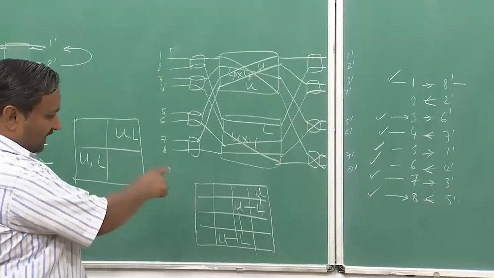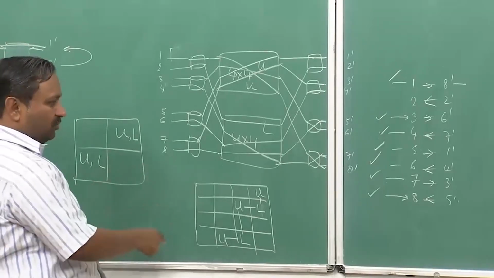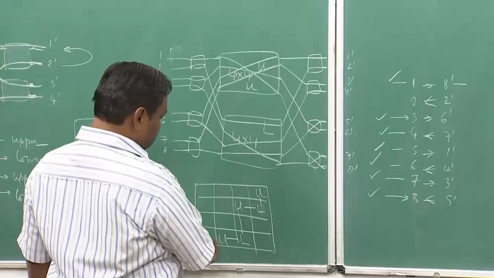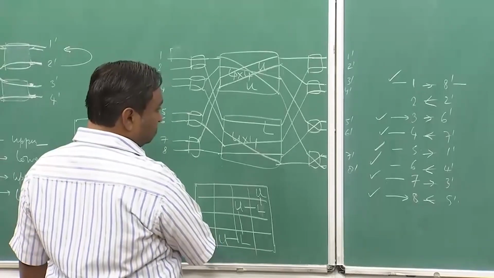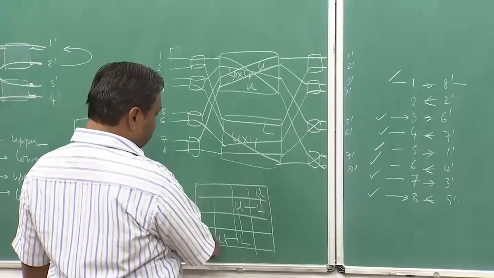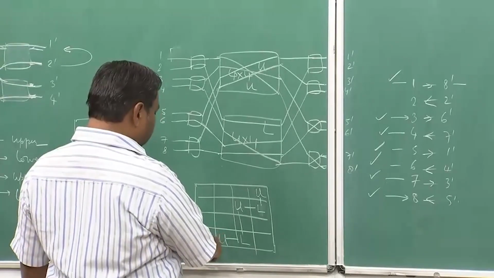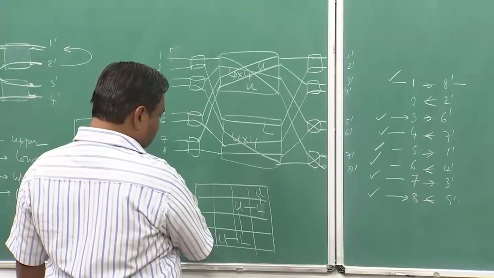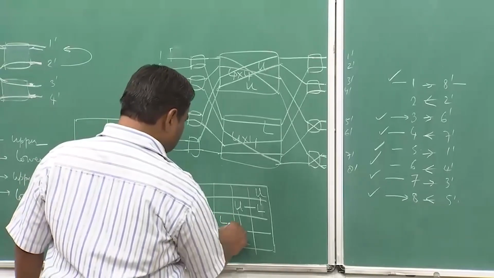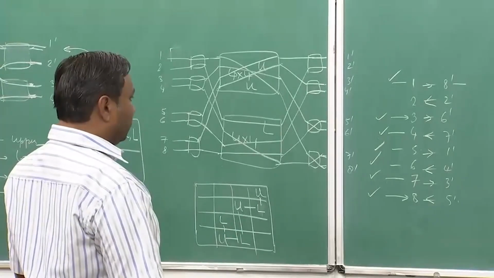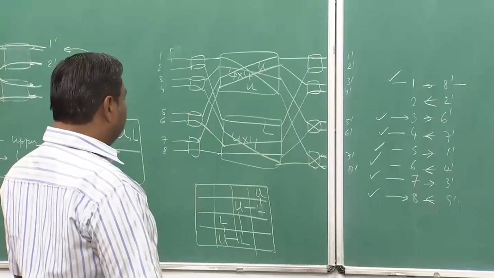So you see, I am actually making a chain, that is what the loop is. So 7 to 3 prime, then comes the 6 to 4 prime. So 6 will come here, 4 prime here, so lower, so I am coming here, and then 5 to 1 prime.